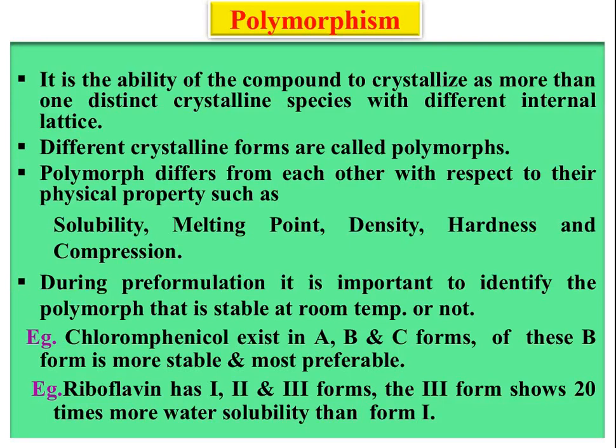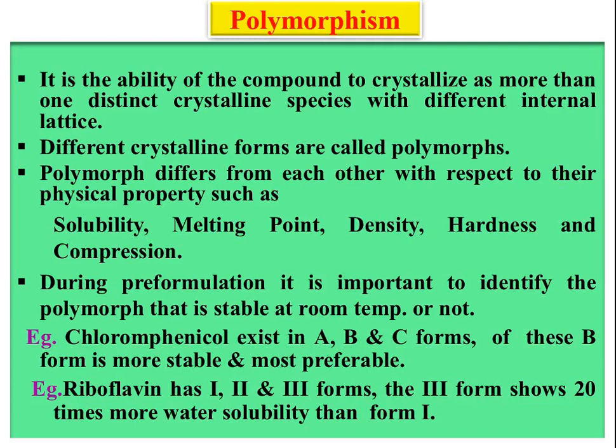Examples of such polymorphs are chloramphenicol, which exists in three forms: A, B, and C. Among the three forms of chloramphenicol, only the B form is very stable, and it is the most preferable one.